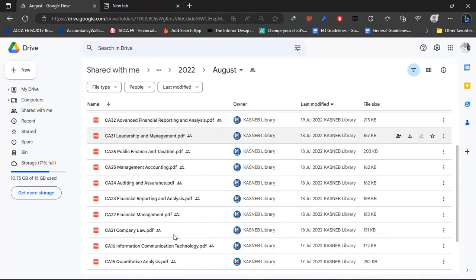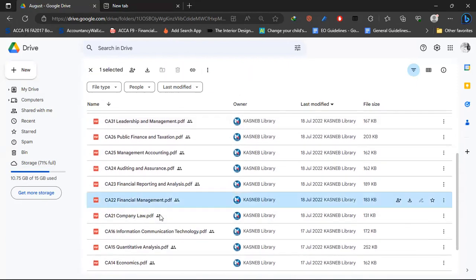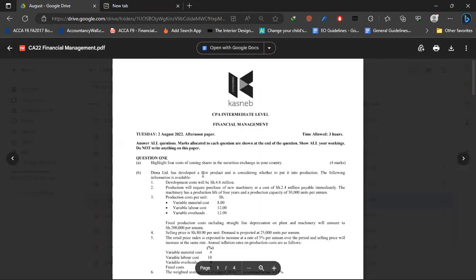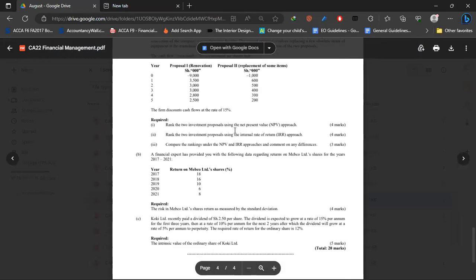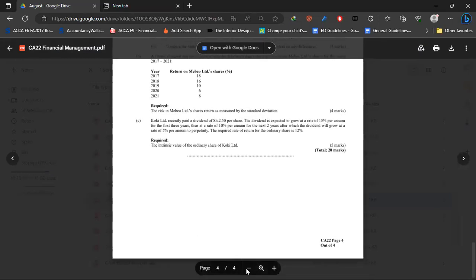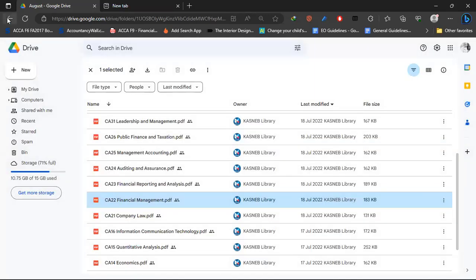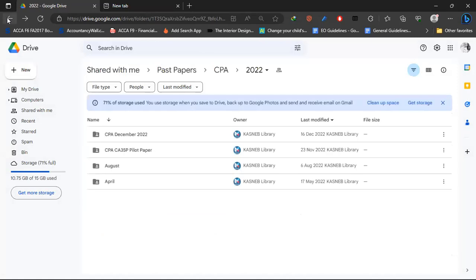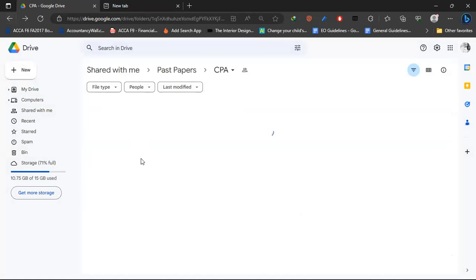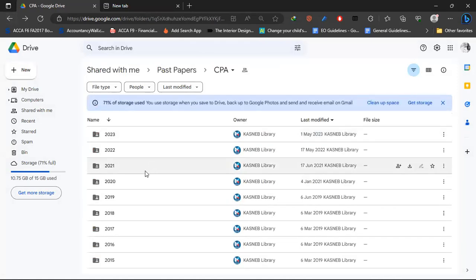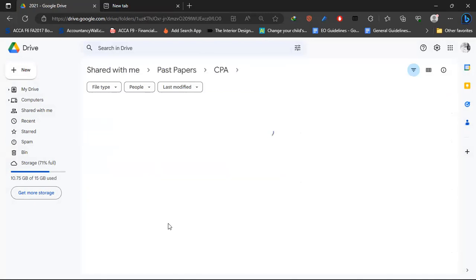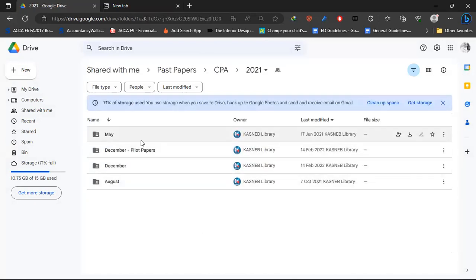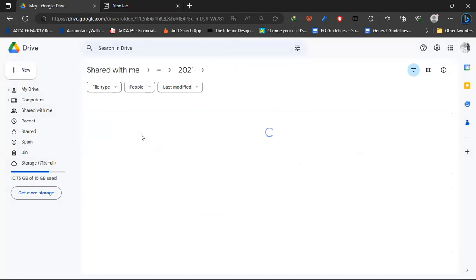The tables are always provided. Let's see for the August paper, whether they have the table. They don't. Okay, what is the period which has the table? Let me check, so that you can know how the tables are normally checked.